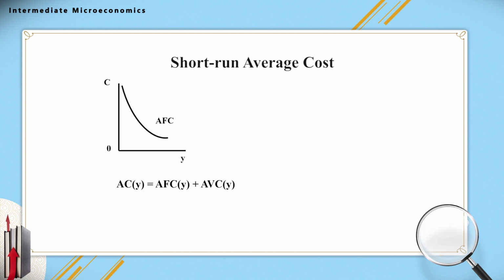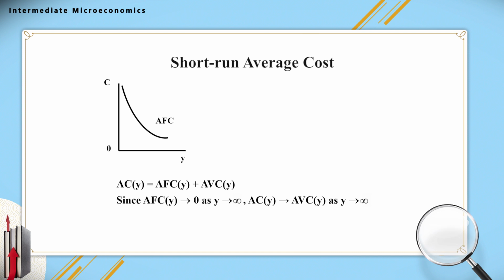As shown in the figure, the AFC curve slopes downward and gradually approaches zero. The average fixed cost is the difference between the average cost and the average variable cost, so as the output increases, the average cost will gradually approach the average variable cost.